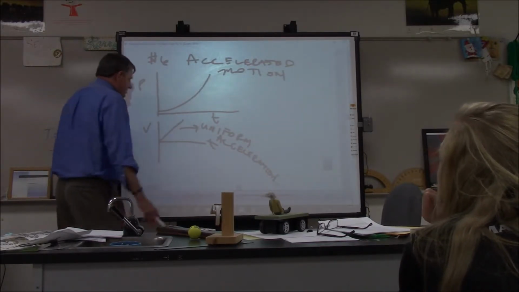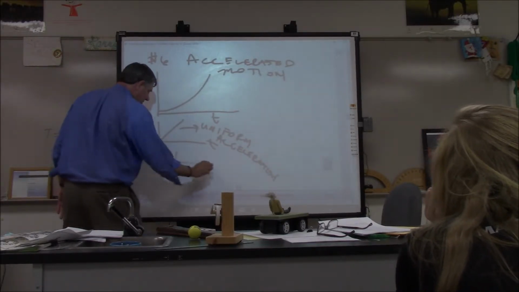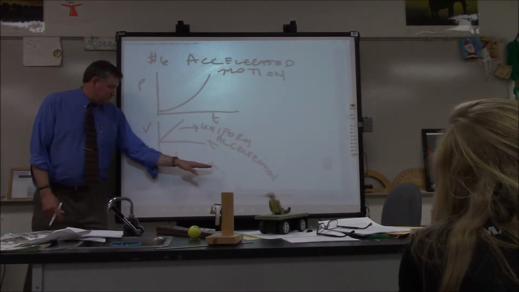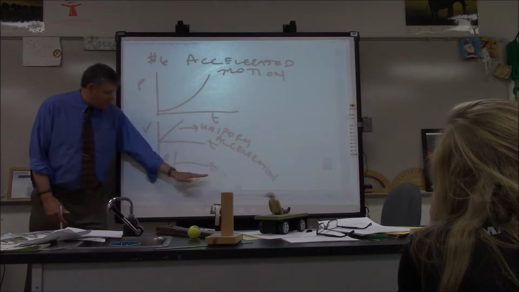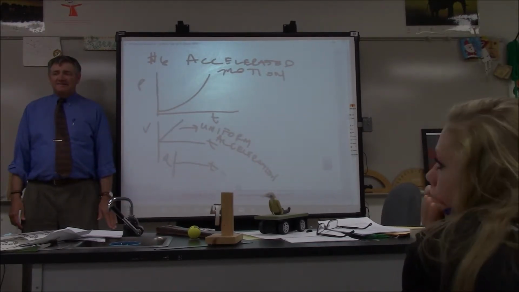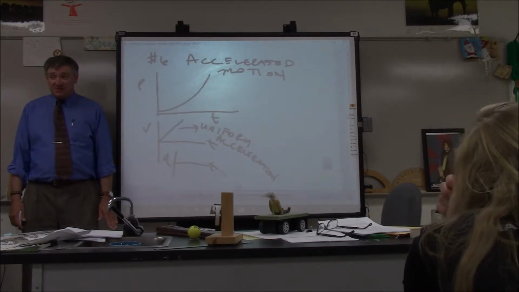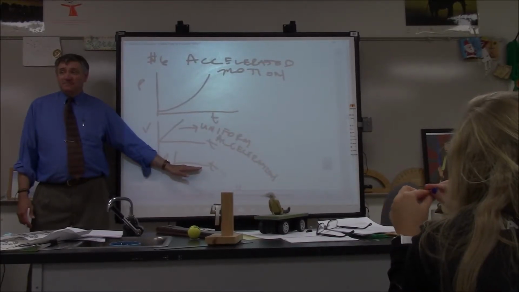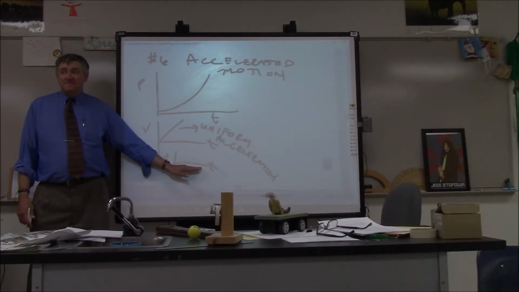Okay, so here's the question. How would that show up on an acceleration time graph? Would it be at 0, above 0, or below 0? Above. 0. I would have no acceleration. Let's think this through.